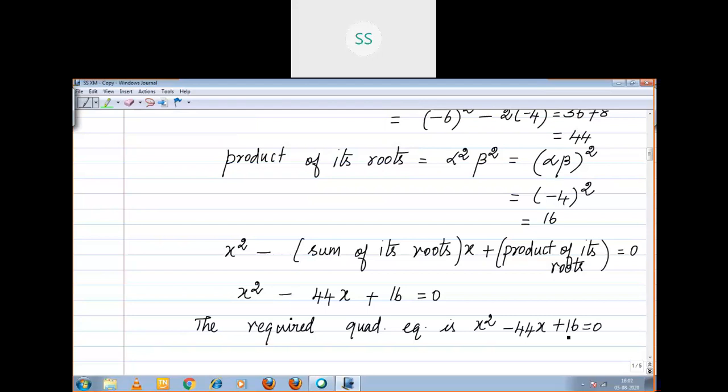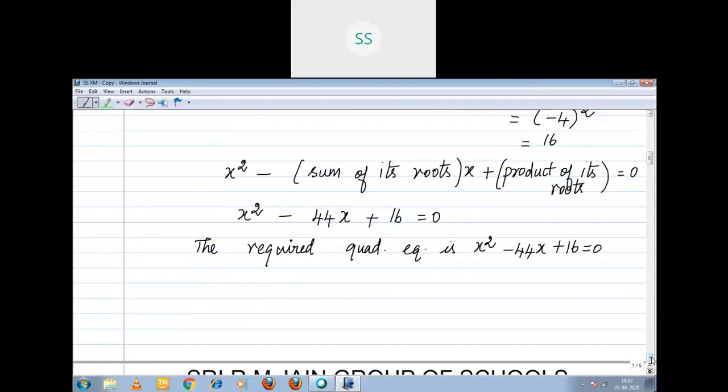Now I am going to move to the second subdivision, right, children? What is the second subdivision?